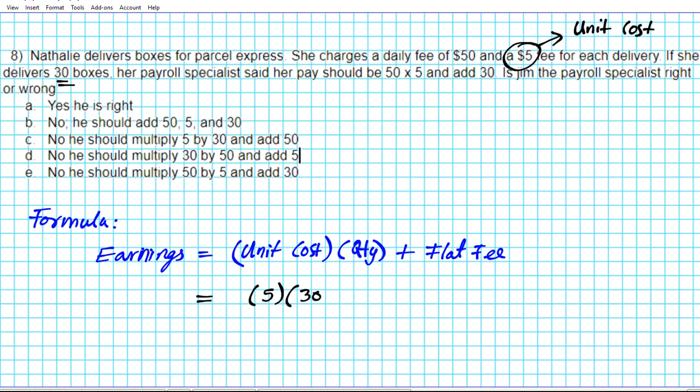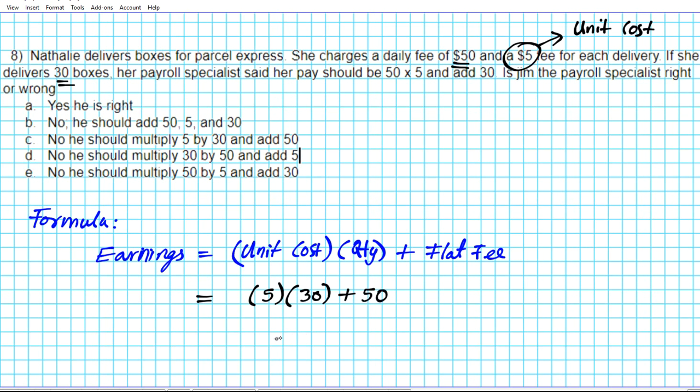And then we're going to add the flat fee. She charges $50 flat every day. So it's going to be 5 times 30 plus the flat fee she charges per day, which is just $50.